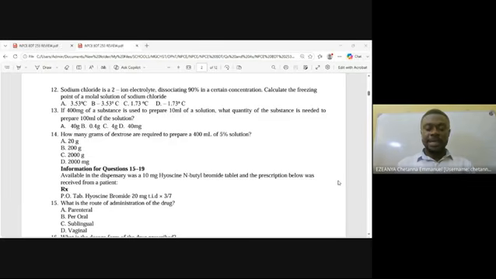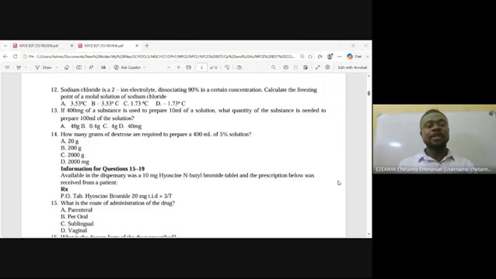I said I would explain today the difference between freezing point depression and freezing point itself. The calculation was straightforward, but you need to understand the difference. Freezing point depression does not have negative signs.